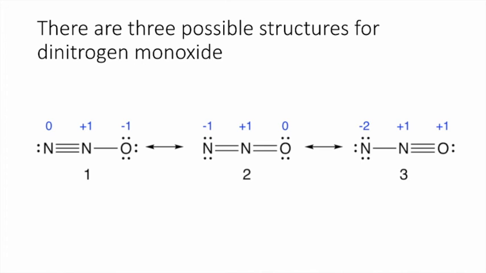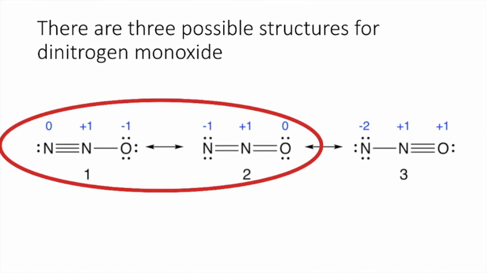If we take a look at these structures, we can immediately see that structure 3 has a lot of formal charges. Each atom in this molecule has a formal charge with absolute value of 1 or 2. These are far from 0. This is not optimal. But if we look at structures 1 and 2, their formal charges are practically identical, but they're on different atoms.